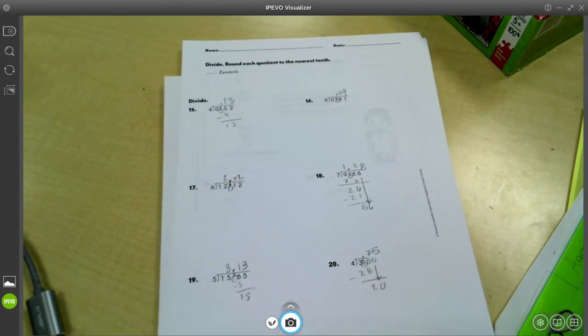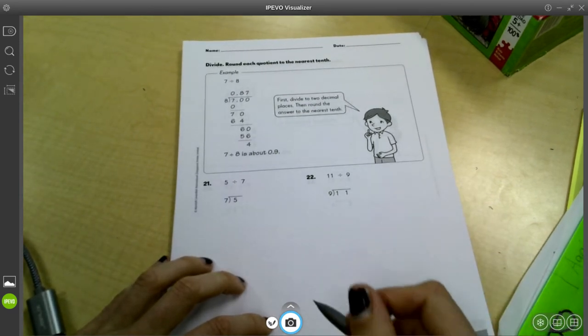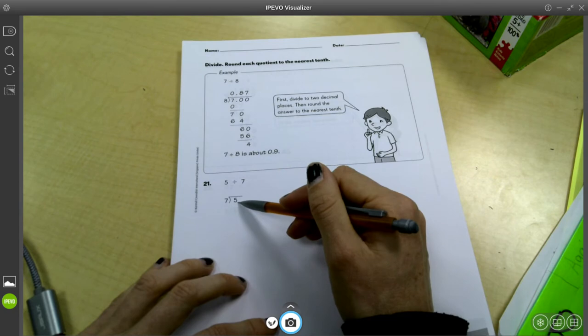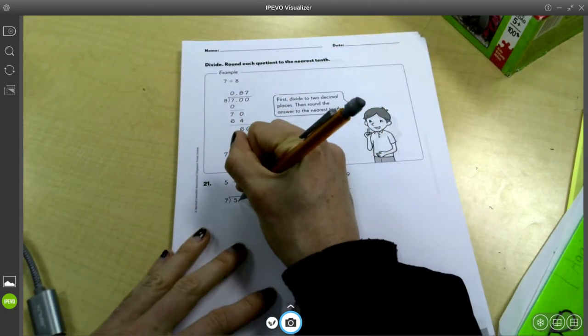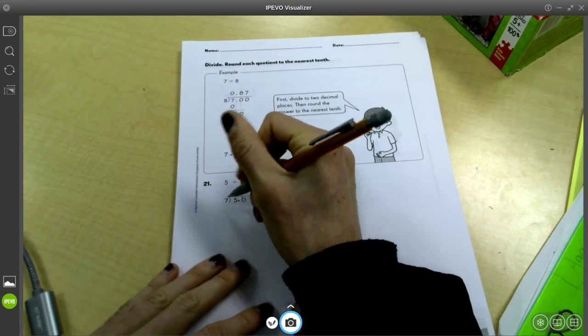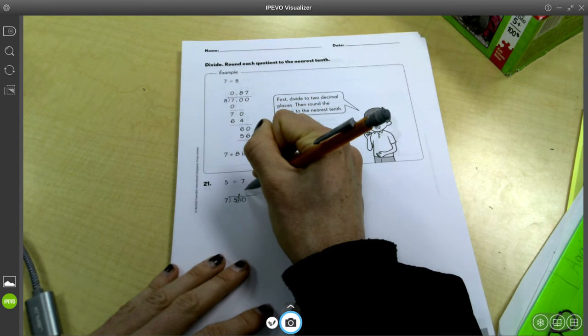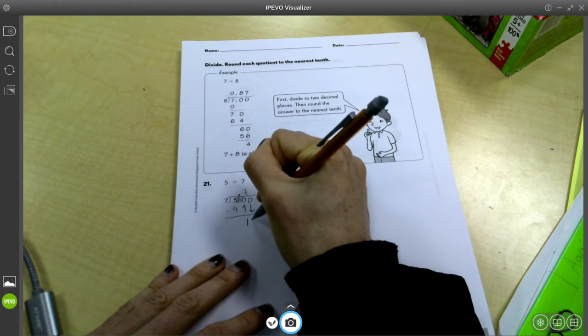All right. Oh, not done yet. These are my favorite because everybody always flips them. Everybody always puts a 7 here and the 5 here because they're like, no, I don't like this. But look, add my decimal point and a 0, bring my decimal point up. 7 goes into 50 7 times, 49. 1, add a 0, bring it down.